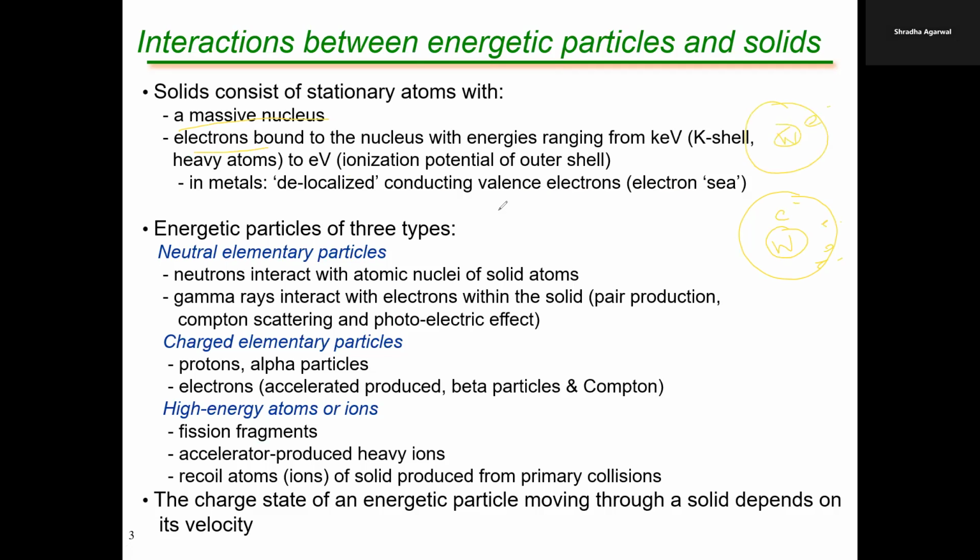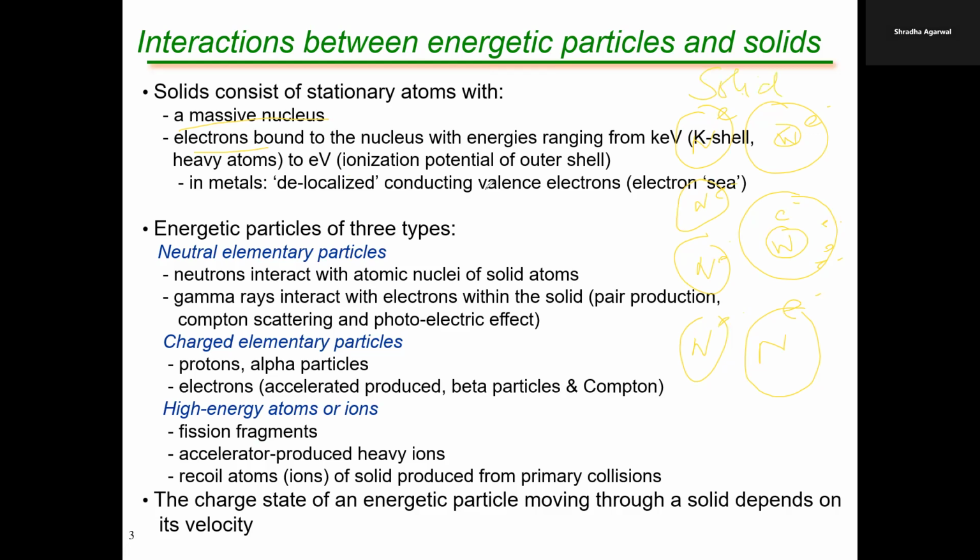Your solid could be any material. It could be gold, aluminum, any material in the periodic table, you can represent it like this. So this is your nucleus, and this is your electron. Now, this is what we call the solid.